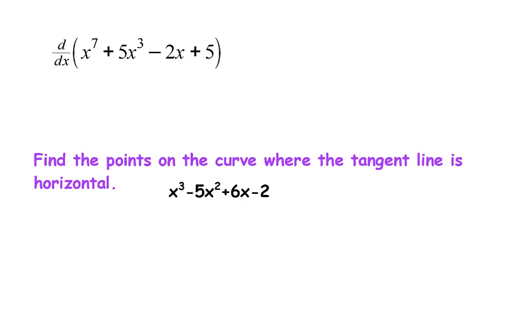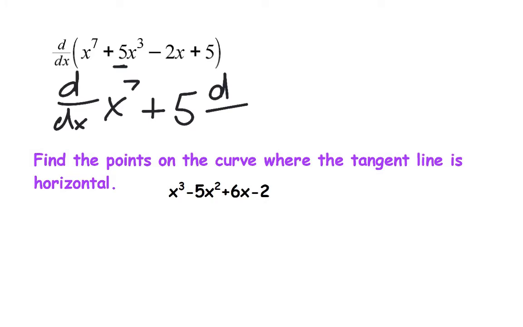So looking at this, I want to find the derivative of this function. Knowing what I know now, I can take the derivative of each one individually. And look, here's a constant, so I'm going to put it out front. Another constant.